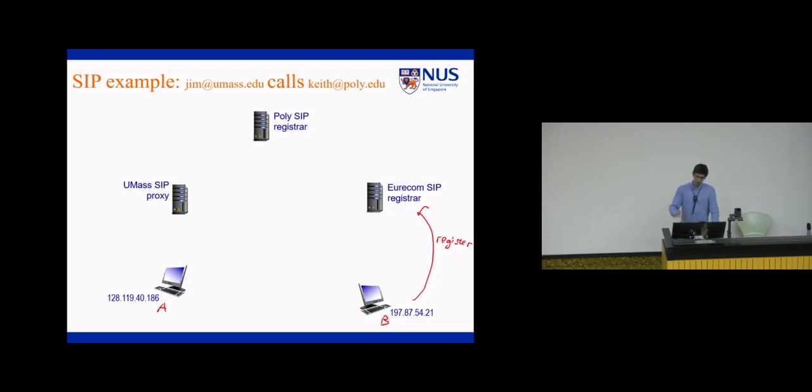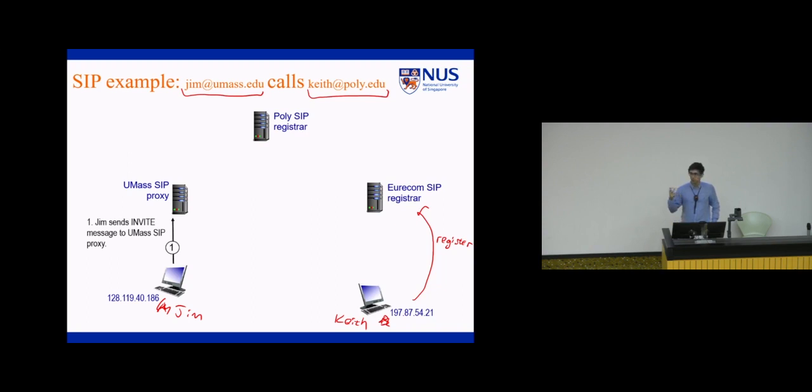For the sake of this example, let's not say they are Alice and Bob, but let's say they are Jim and Keith. Let's assume that Keith is registered with the Eurocom SIP registrar.